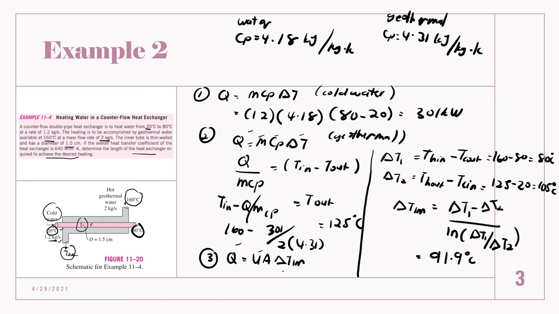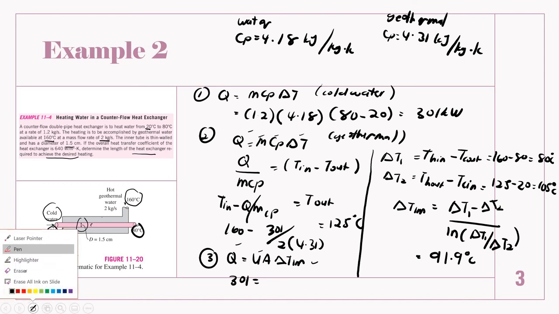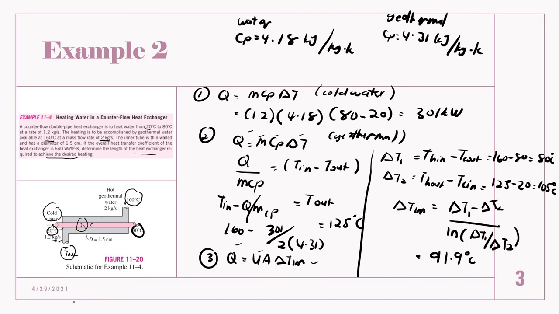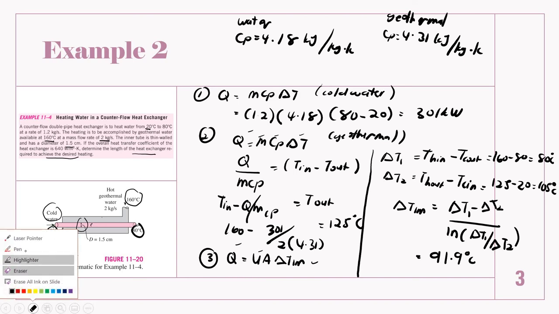So we substitute inside this equation. So we have Q just now, 301. Basically, this one you need to convert the unit.